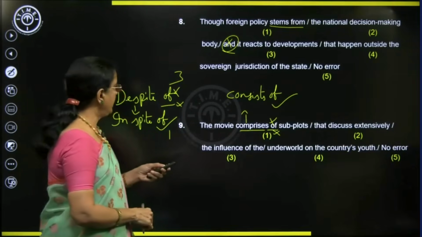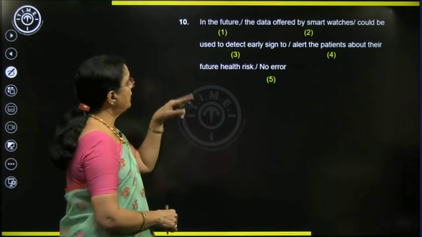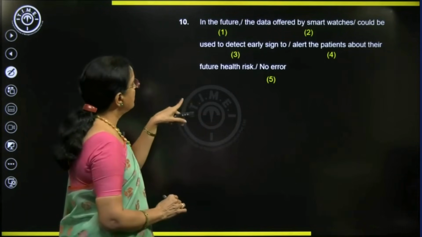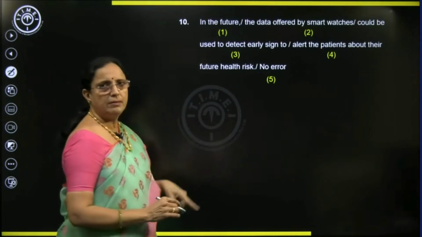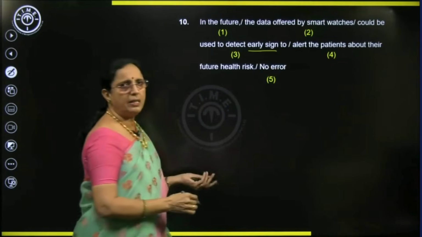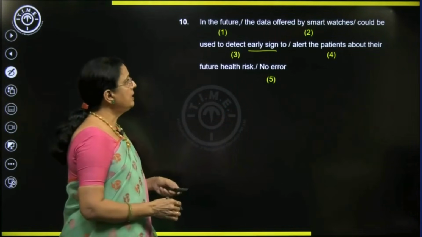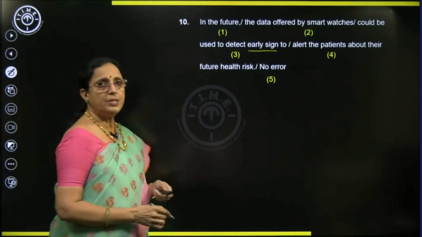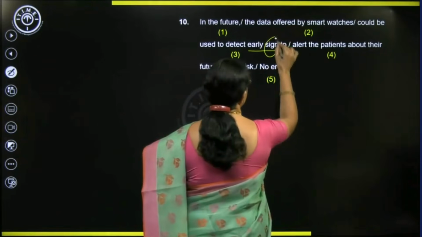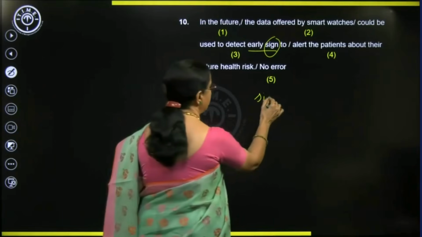Alright. Next one. In the future, the data offered by smartwatches, correct, could be used to detect early sign, I have a doubt. You can make a correction or read the sentence, to detect early sign to alert the patients about their future health risk. Used to detect early signs, sign is wrong, it's not just one, early signs.